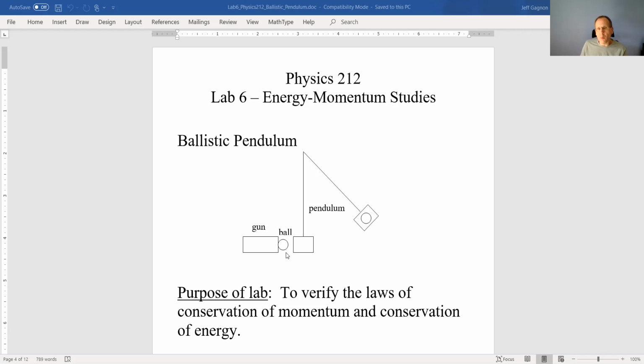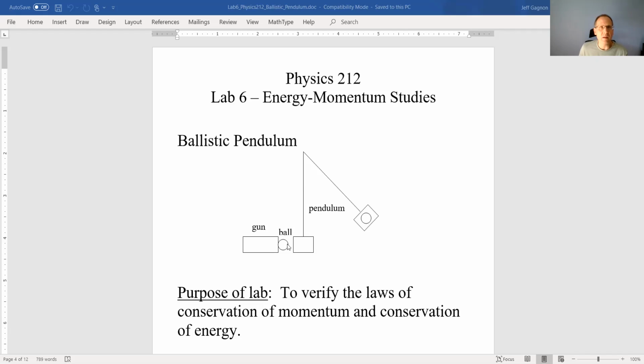Now, why do we have to worry about conservation of momentum and conservation of energy? Well, it turns out when the ball collides with the pendulum, there are no net external forces acting, right? They're only internal to the system. If we consider the ball and the pendulum as our system, then the only forces acting are the force that the ball exerts on the pendulum and the force that the pendulum exerts on the ball.